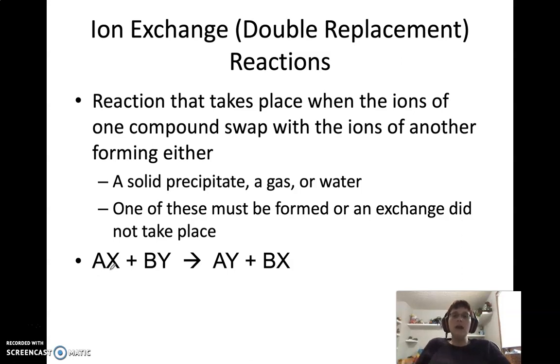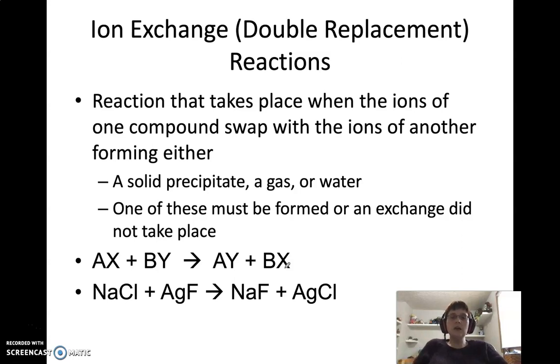So the general equation for this is, as you can see, a swap. So you have AX, BY, you end up with AY, BX. So you're just getting an exchange of those ions. So let's take a look at what that would look like. So here you have NaCl and silver fluoride, so sodium chloride, silver fluoride, and after the reaction you have sodium fluoride and silver chloride. So definitely a swap.